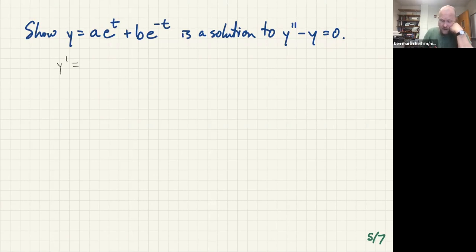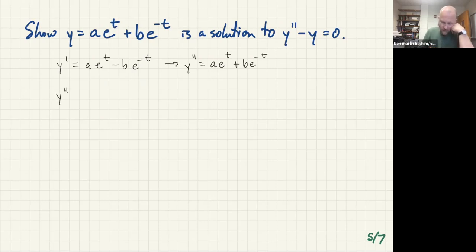So I'm going to calculate y prime. That'll be a e to the t minus b e to the minus t. And then I'm going to calculate y double prime, and that'll be a e to the t plus b e to the minus t, okay?